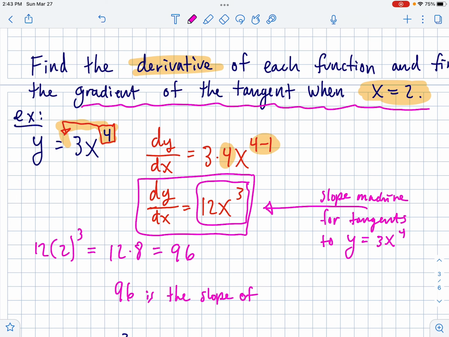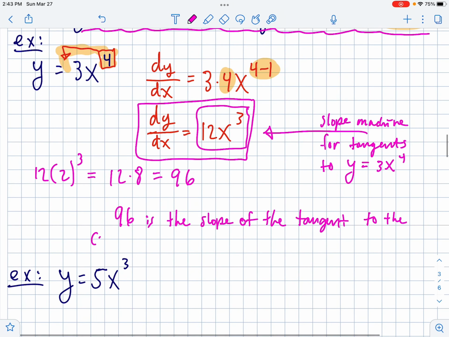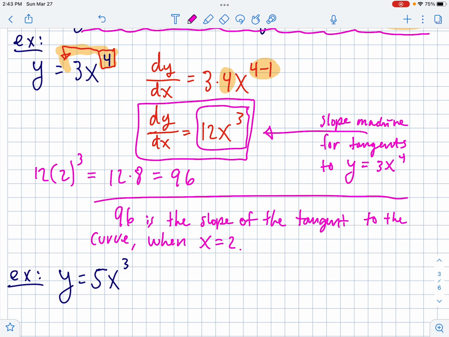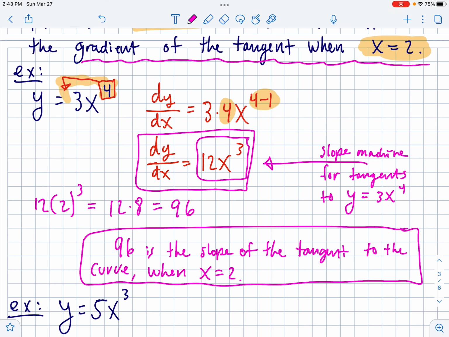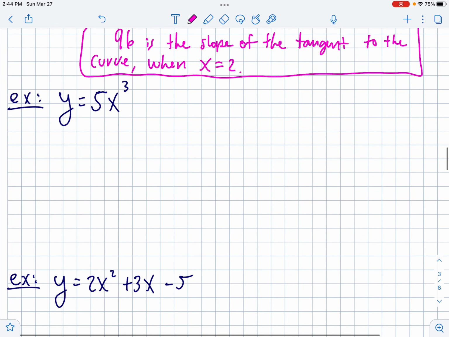But then 96 is the slope of the tangent to the curve when x is equal to 2. So we use the power rule to find the derivative. Then we plugged a 2 into it to figure out what the slope of the tangent would be at that point on the curve.